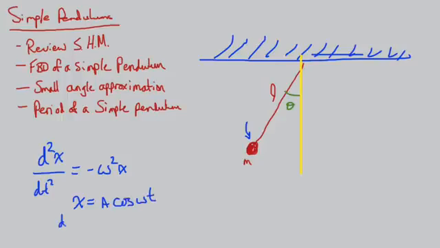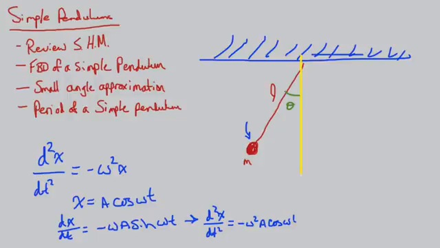And then dx/dt would equal negative omega A sine omega t. And then that would also lead to a second derivative, d squared x over dt squared, which would give us negative omega squared A cosine omega t.